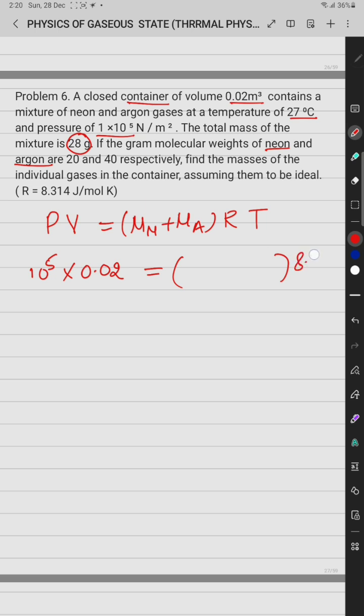R is 8.314, and the temperature is given. Temperature is 27 degrees centigrade, means 300.